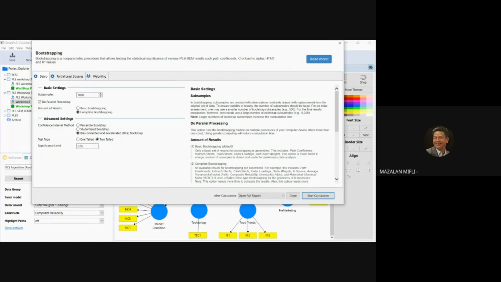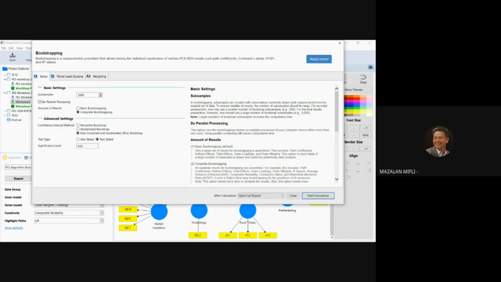You can. Okay, and another one down here is that there's test type. Are you based on two tails or one tail? Moderating effect. Okay, there are some moderating effects.